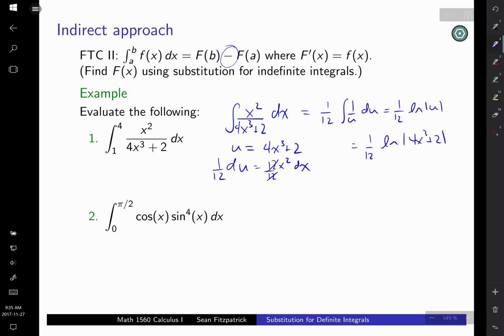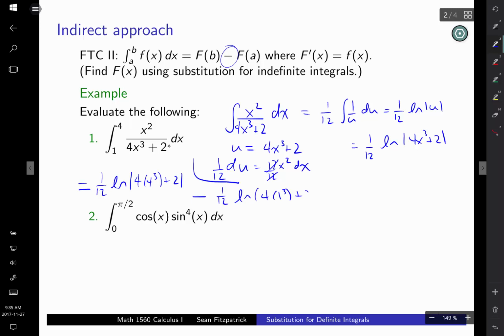So then we can say, all right, we've got our antiderivative, so now we simply plug in the limits. It's 1 over 12 times the natural log of 4 times 4 cubed plus 2. I plug in the upper limit, minus 1 over 12 times the natural log of 4 times 1 cubed plus 2.